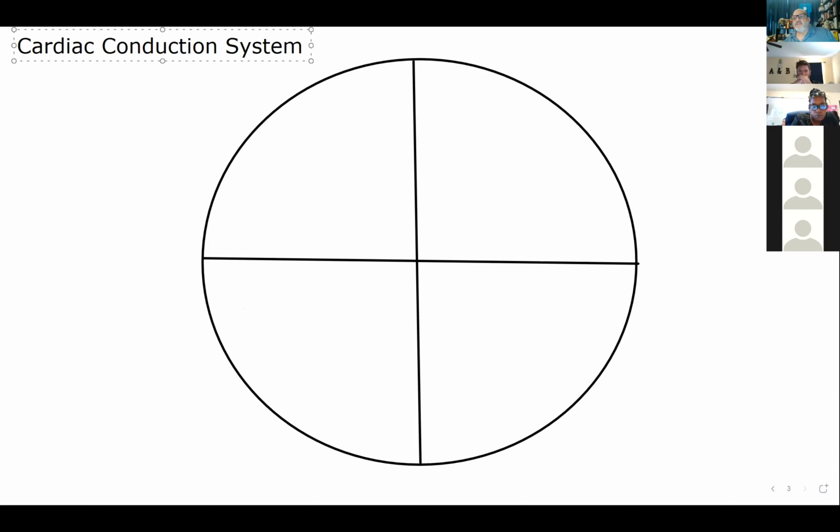As I mentioned, the first part of the cardiac conduction system is the sinoatrial node, which, like I said, after you've written it out once, you can abbreviate as the SA node.